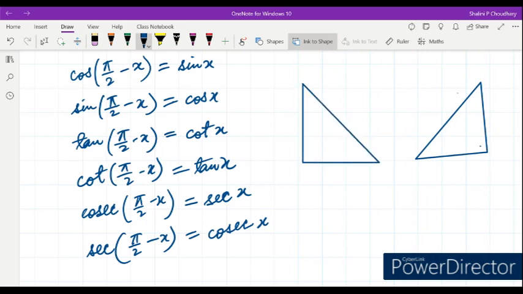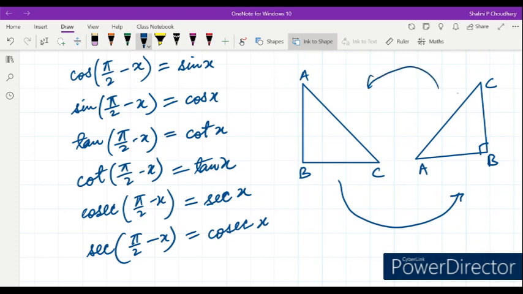If this one is ABC, we just turned this like this. This angle is A, this is 90 degrees, this is 90 degrees, so A plus C will be equal to 90 degrees. Why?